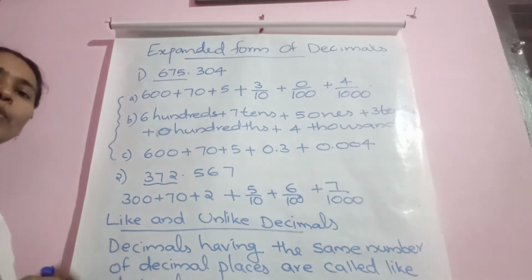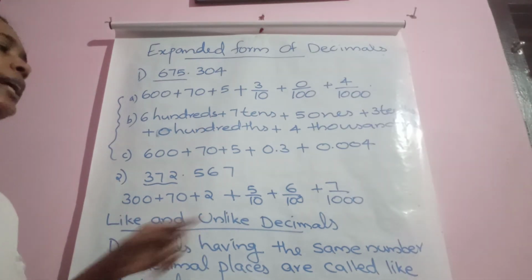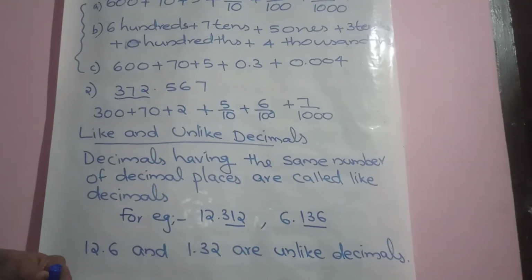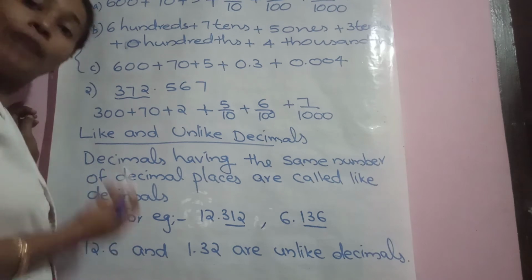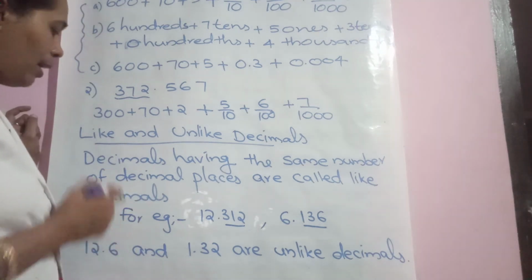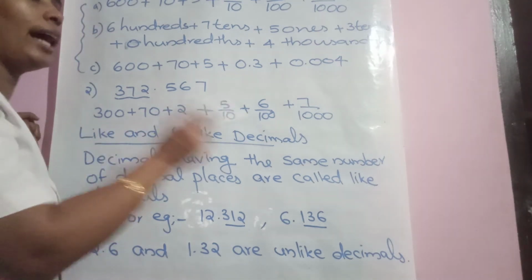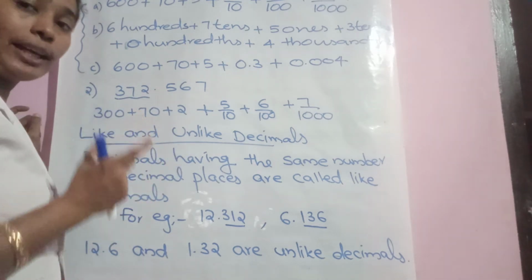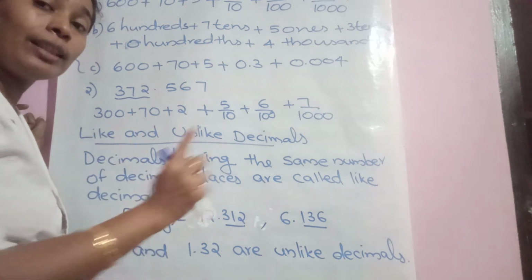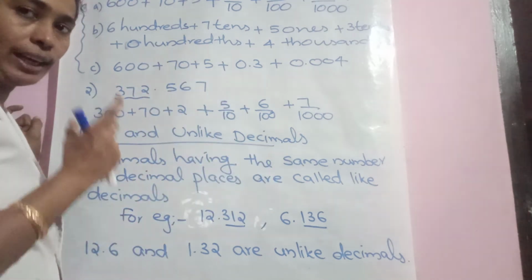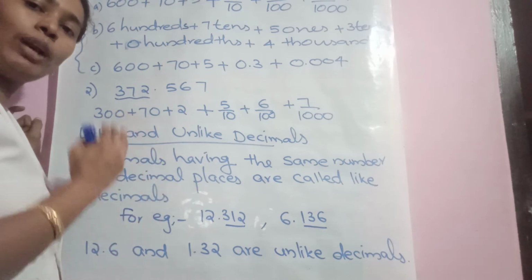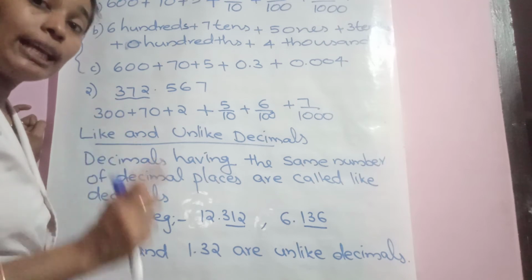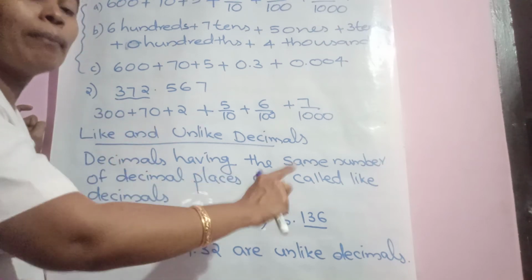Okay. Next we are moving to like and unlike decimals. What is meant by like and unlike decimals? We have studied the terms like and unlike when we went through fractions, like fractions etc. But here we are going to study like and unlike decimals. Like and unlike decimals are identified by counting the digits in the decimal part only.